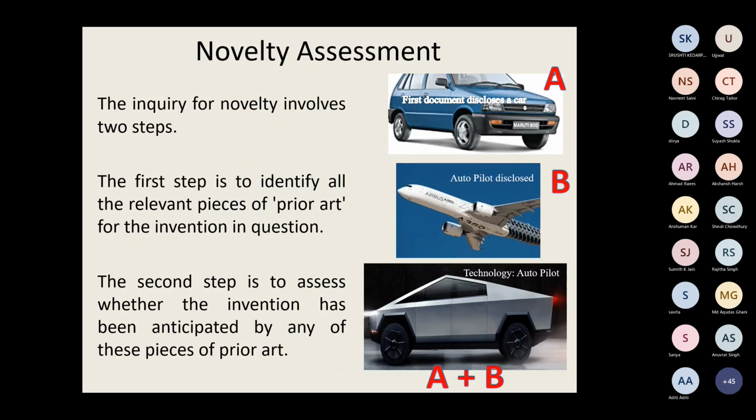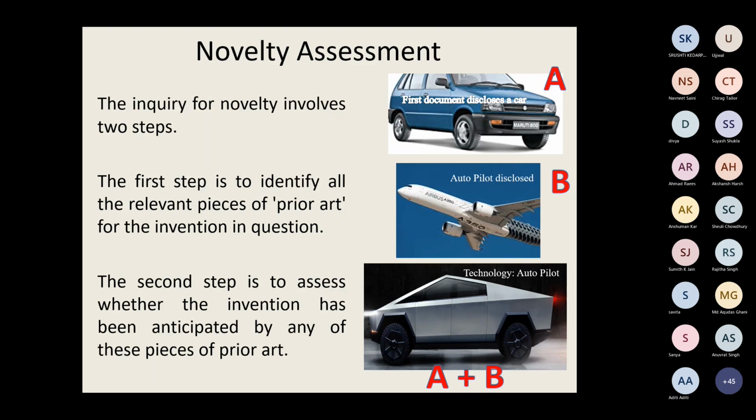Prior means prior to your date of filing. So all the documents which are published or available before your date of filing, and which are related to the field of invention you are working on, all these documents are identified. Next step, it is assessed if the invention has been anticipated by any of these documents.